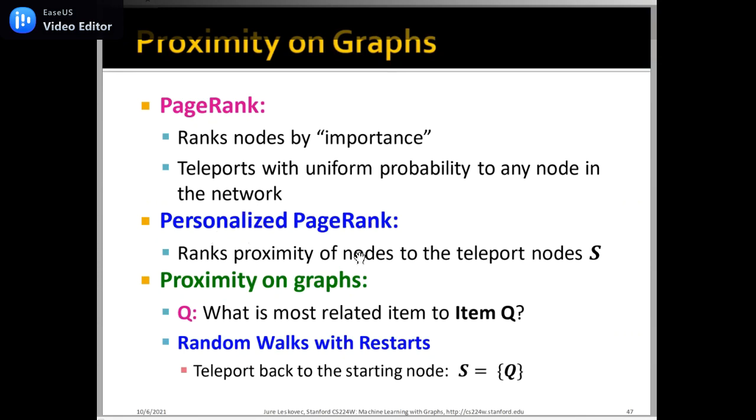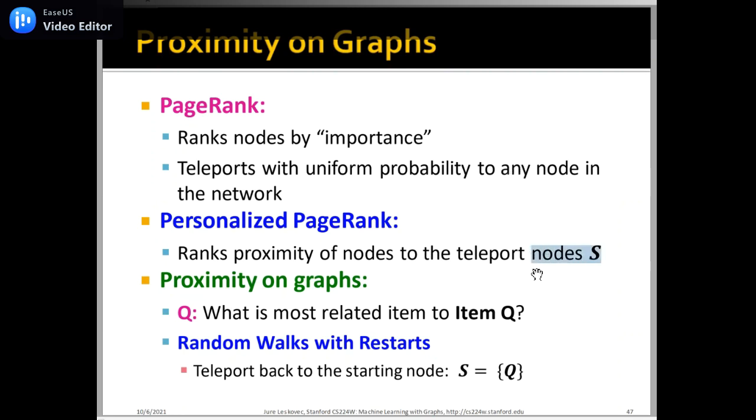Well, for the personalized PageRank, it's still a ranking problem, but it's with respect to a certain set of nodes S. So the set of nodes is not any node anymore, it becomes a set of nodes.